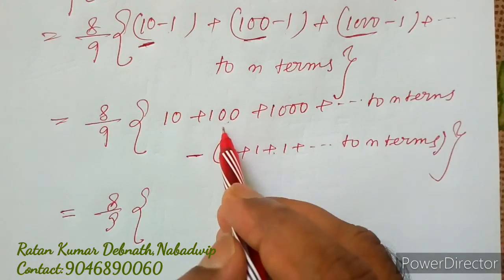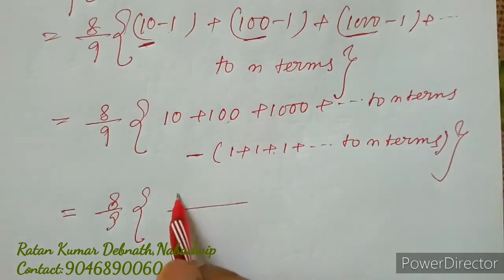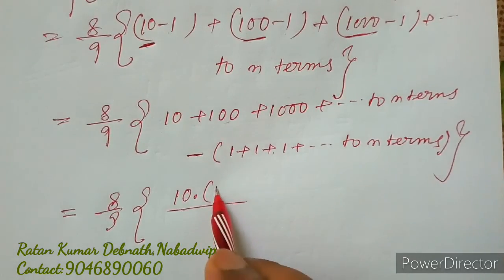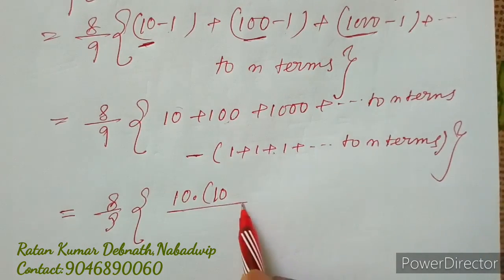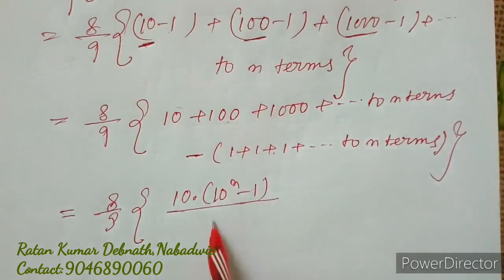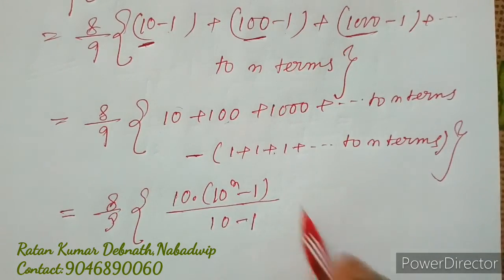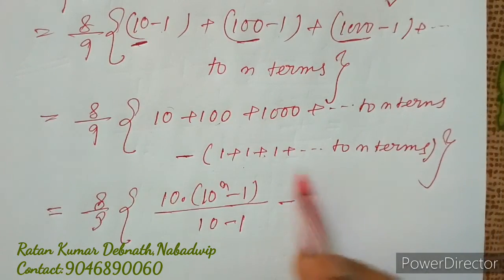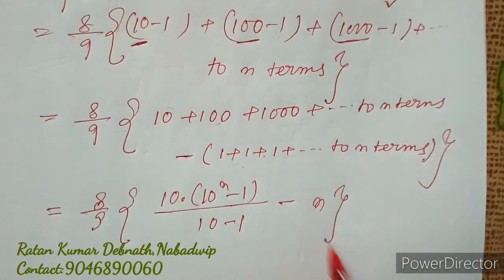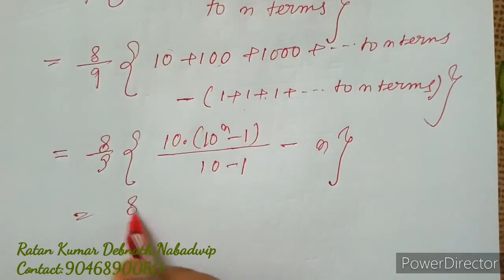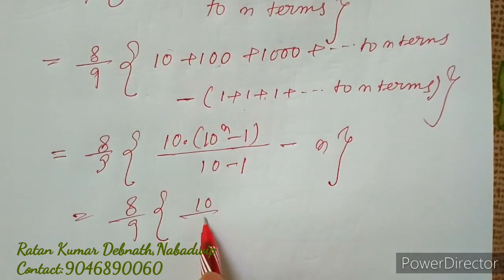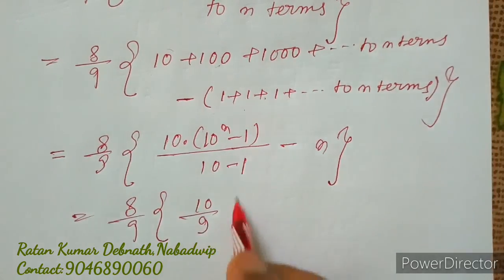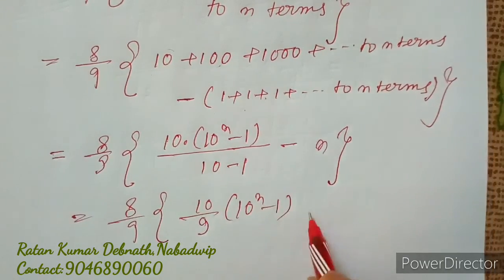So we can apply the formula here. Obviously r is greater than 1, so 10 into 10 to the power n minus 1 by 10 minus 1, since the first term is 10 and the common ratio is also 10. N times 1 means n. So 8 by 9 into 10 by 9 into 10 to the power n minus 1, minus n.